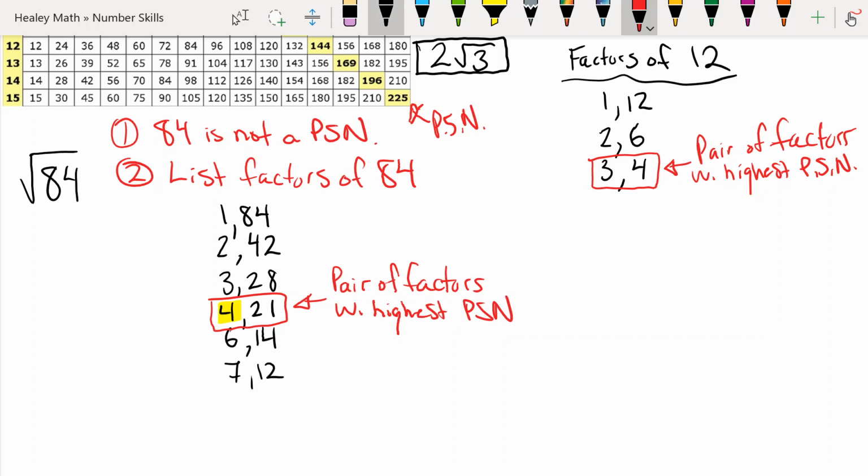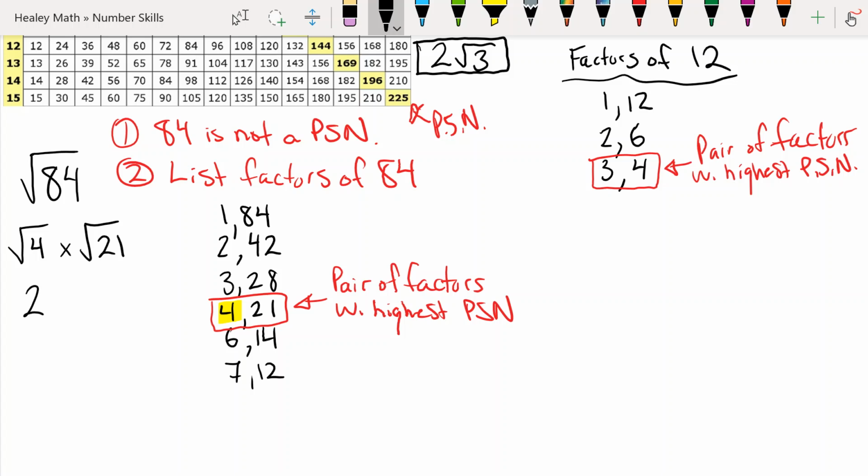But like we did in the previous question, we can replace square root 84 with square root 4 times the square root of 21. The square root of 4 is 2. Square root of 21, we remain.